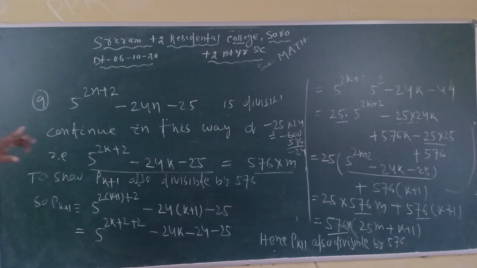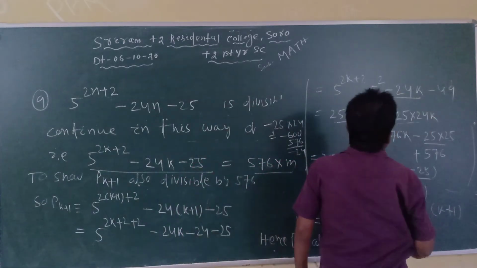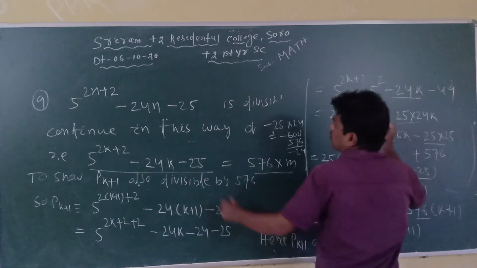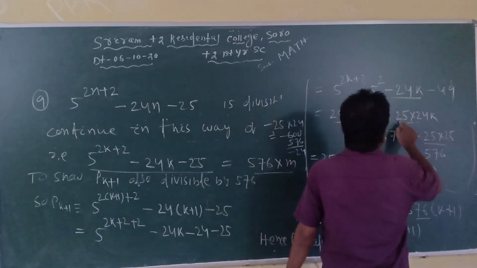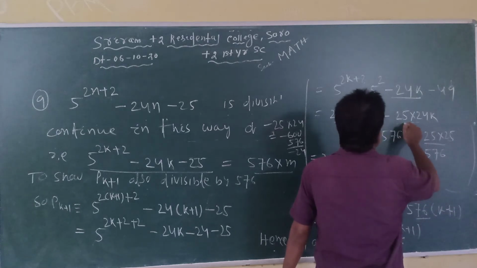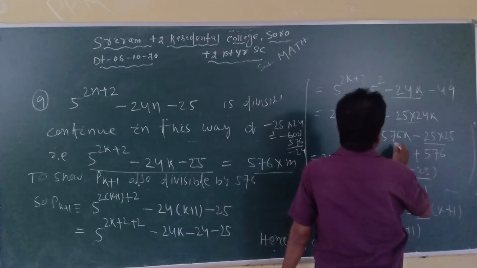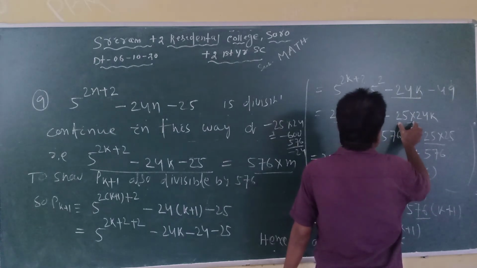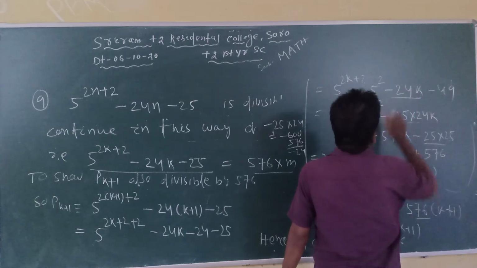And how I broke that, I am giving an example here. Here is 24k. I have multiplied 25 because 25 is taken common in this part. When minus 25 is multiplied with 24k, that becomes minus 600k, plus 576k is equal to minus 24k.